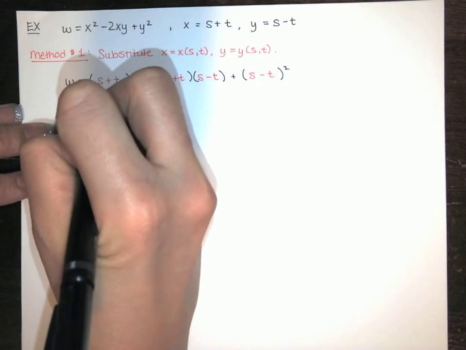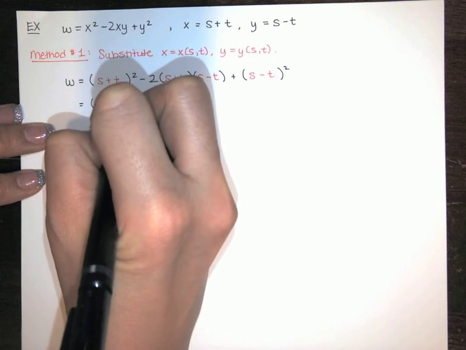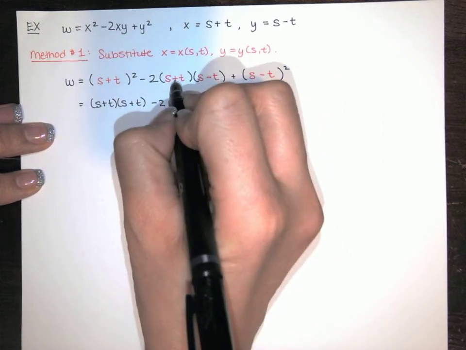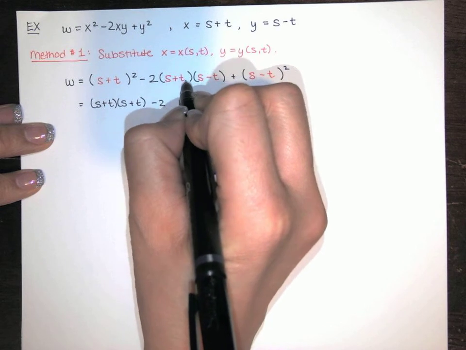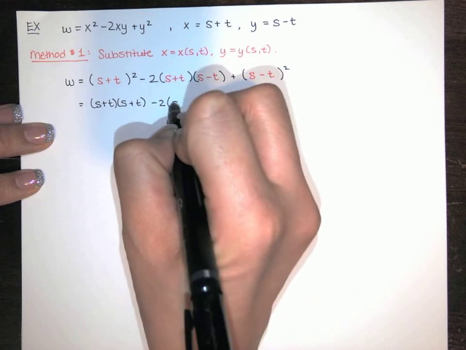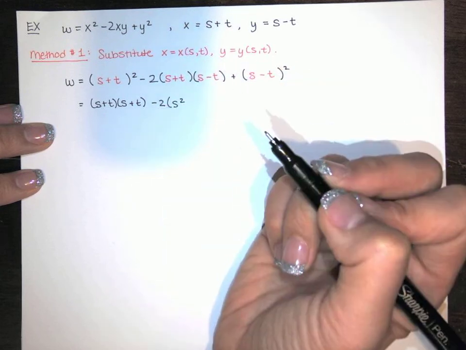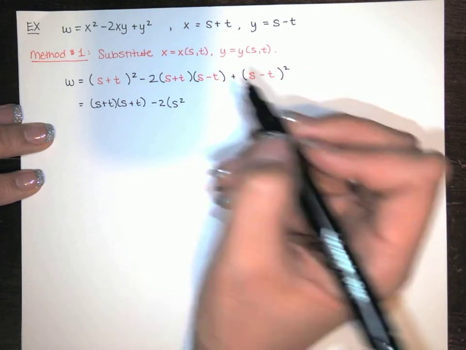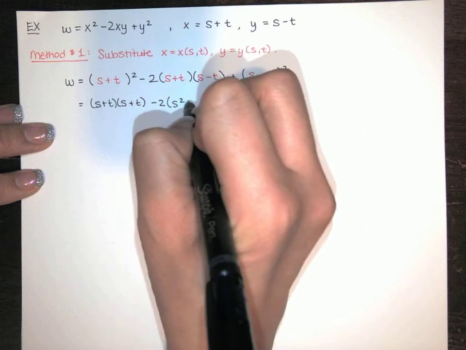So you can do some algebra, write this twice in FOIL. Got a negative 2 here. s plus t times s minus t. First times first is s squared, outer times outer is minus st, inner times inner is plus st, so those reduce. And last times last is negative t squared.